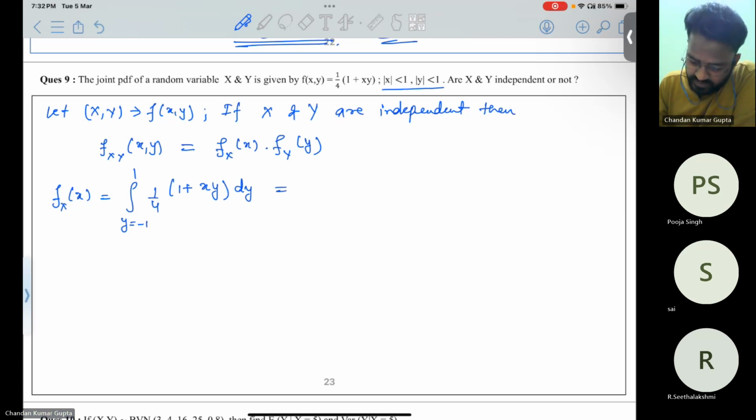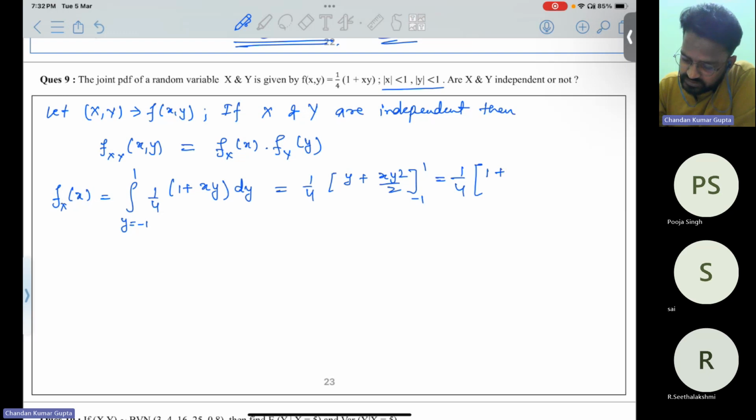So that means 1 by 4, it is y plus xy square upon 2, from -1 to 1. This is 1 by 4 times (1 plus x by 2) minus (minus 1 plus x by 2).